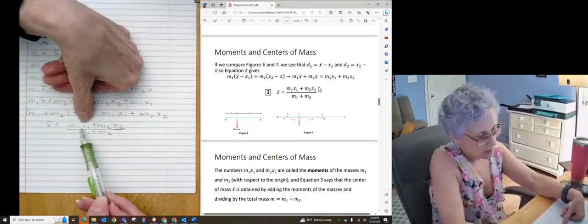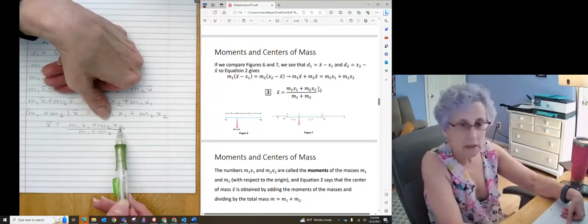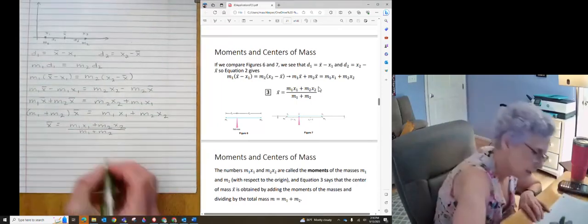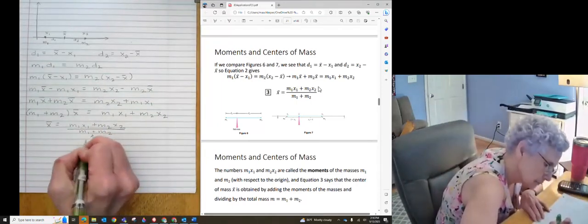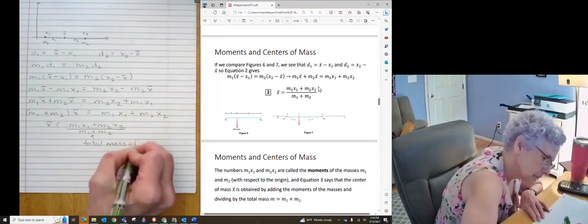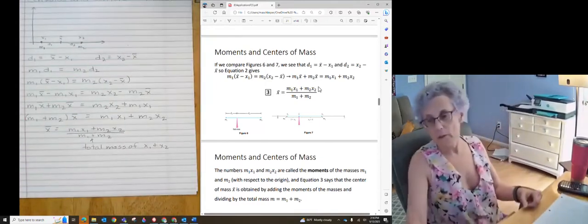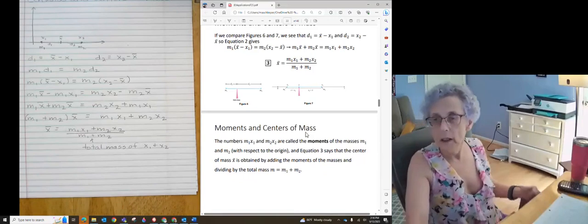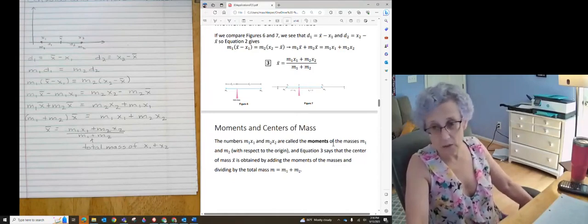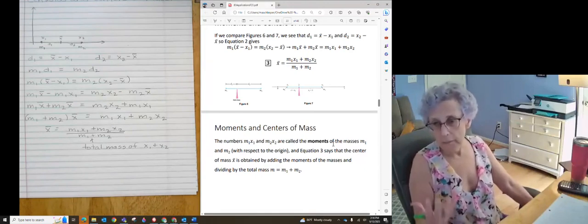So, mass times distance for object number 1 plus mass times distance for object number 2, divided by the total mass. The numbers m1 x1 and m2 x2 are called the moments of the masses with respect to the origin.